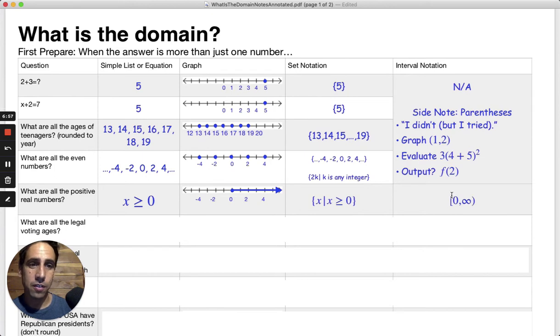And it's right here. This square bracket, because I made the mistake over here, it really should be a parenthesis. Parenthesis 0, infinity. And if it really were greater than or equal to 0, then it should be a bracket, which indicates that you are starting with a boundary. And these two things right here, this is not a set, this is not an ordered pair.